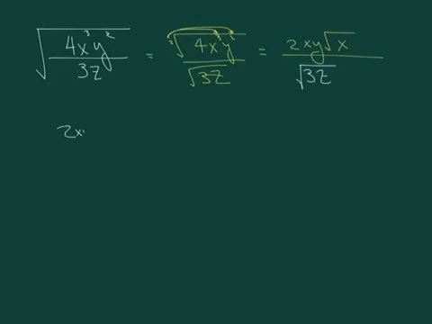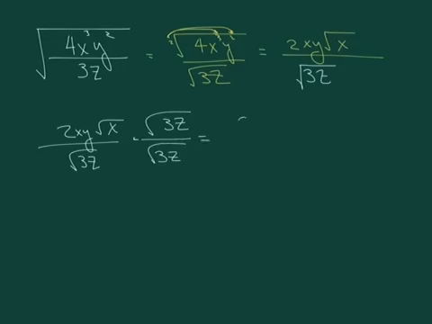So 2xy square root of x. I'm just rewriting it here. And I'm going to multiply the top and the bottom. And this ends up being 2xy, and then x times 3z. Remember, you can multiply anything, so that's going to go inside there.